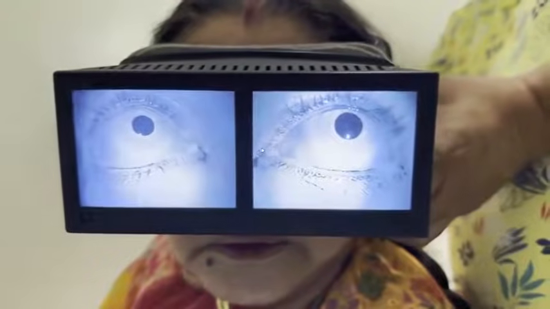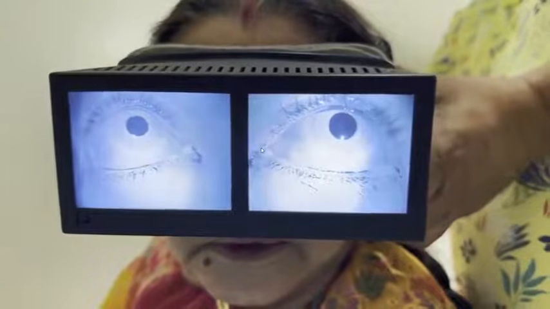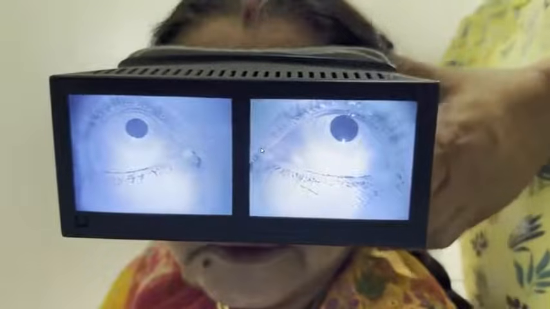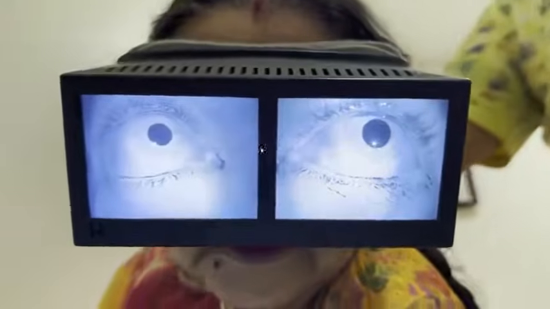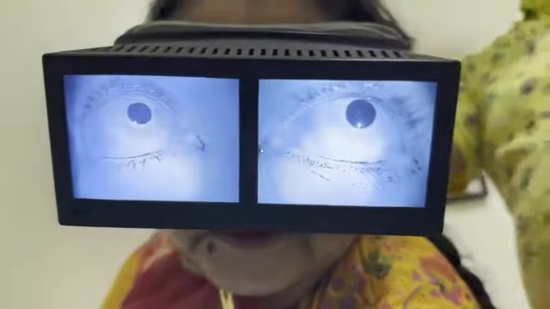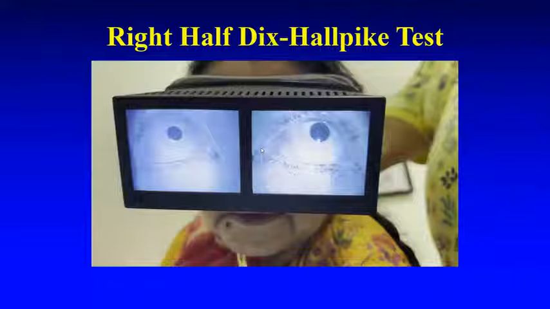So the nystagmus vectors have reversed directions, both vertical as well as torsional, implying right-sided posterior semicircular cupulolithiasis. A positive inversion test is the acid test for posterior semicircular cupulolithiasis.